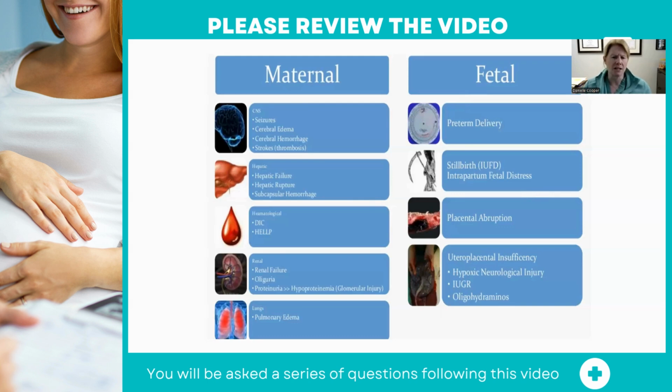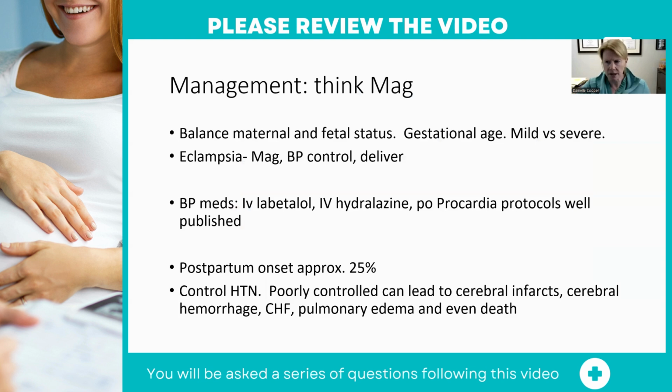As far as hypoxic neurological injury, it's always in the back of my mind when I'm taking care of any obstetric patient. Oligohydramnios is one of those signs we can see in baby, just because, again, the placenta is not being perfused as it should. All right, next slide.